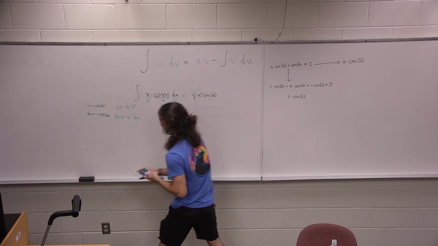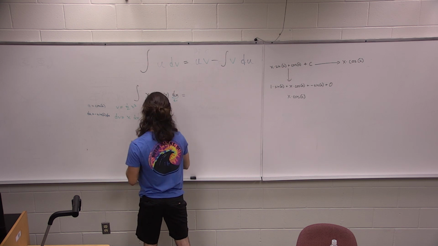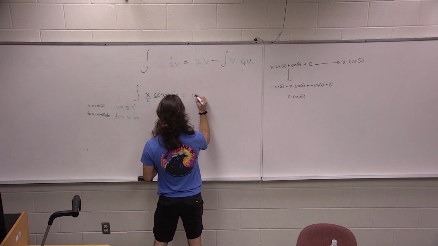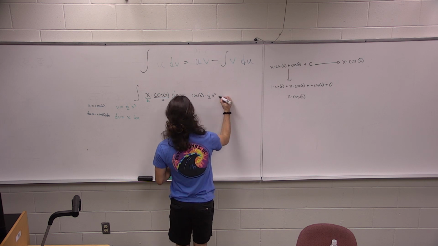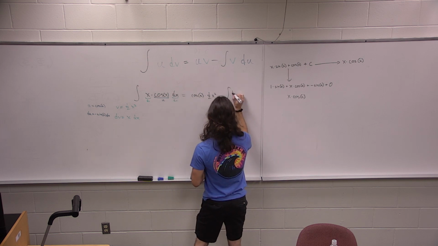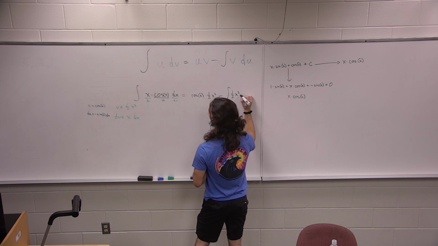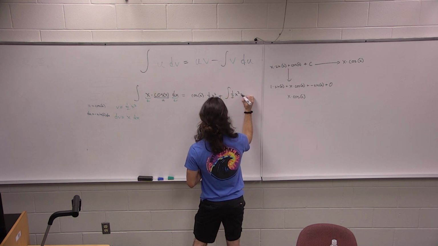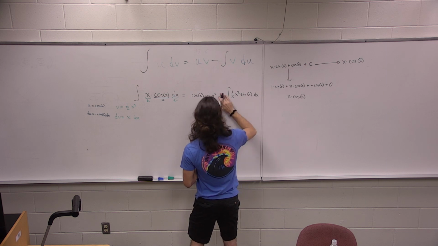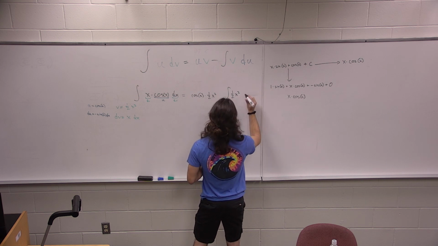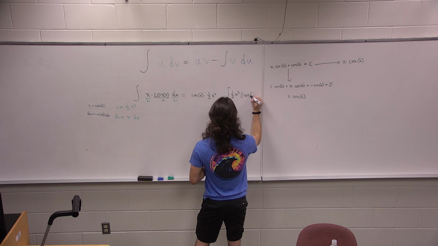Actually, I should just leave it in the same order, just for clarity: u times v minus the integral of v du.